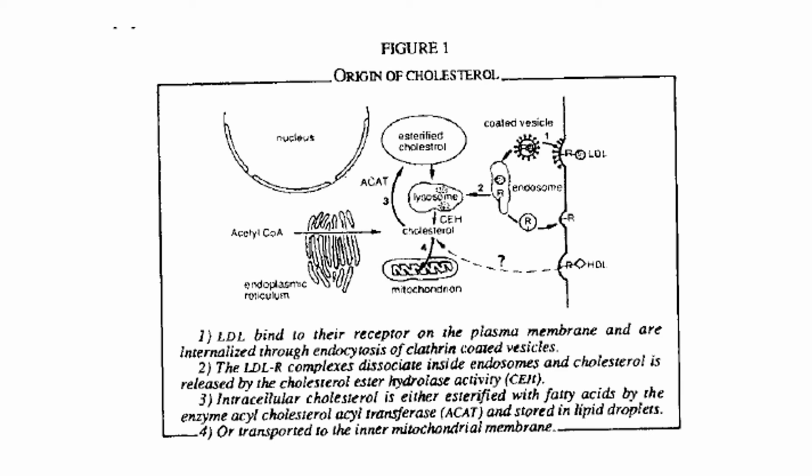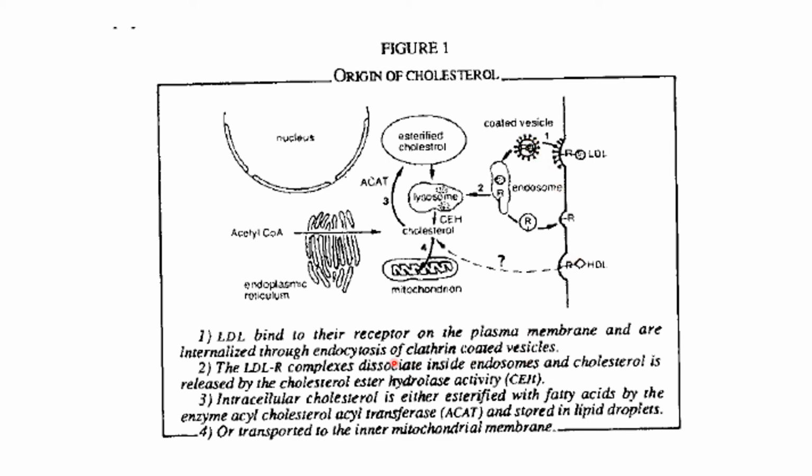So once again, this is kind of what I showed you before, just a different way to look at it. Here we have a low density lipoprotein, and here's the receptor. Here's the protein receptor, just like a hormone receptor in the cell membrane. So what happens first? Here's number 1. LDL binds to the receptor on the plasma membrane and is internalized through endocytosis in clathrin-coated vesicles. So here's a clathrin-coated vesicle.